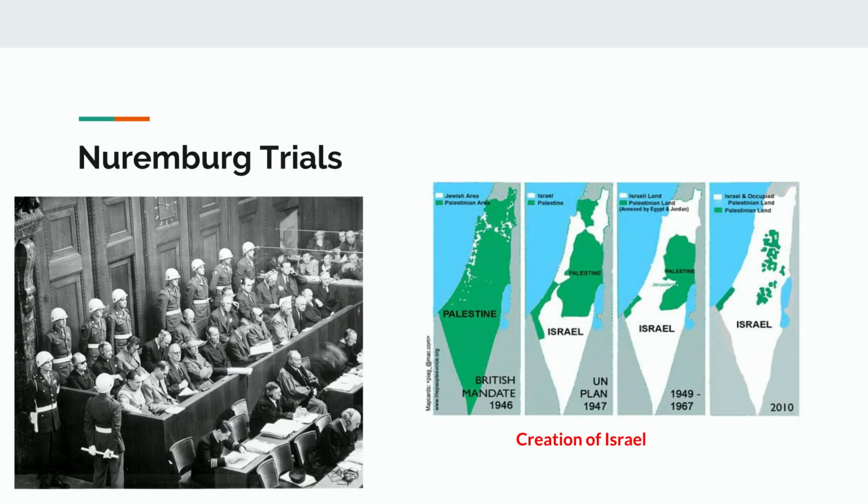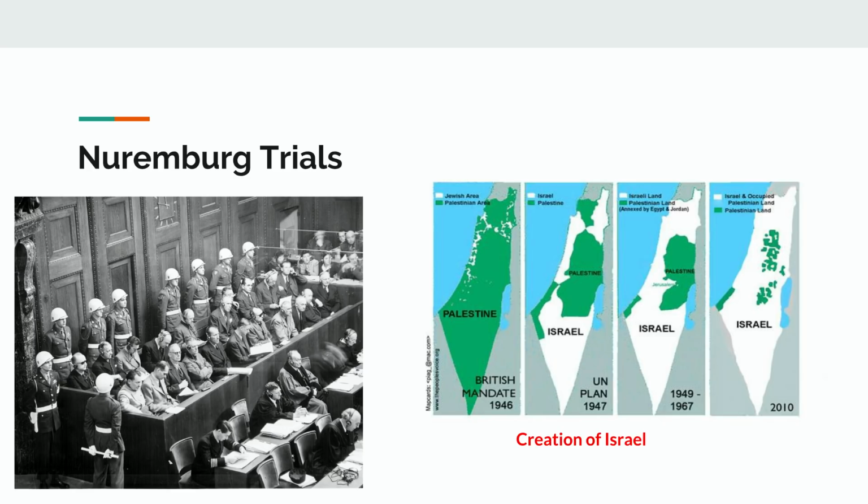If you look at this map, you can see how Israel was sort of carved out. The British mandate shows you what they thought in 1946, and then the UN plan, which occurs in 1947, and then we get 1949 through 1967, where there's going to be a lot of fighting for territory, and the Israelis are going to win a lot of territory, which you can tell by the map.